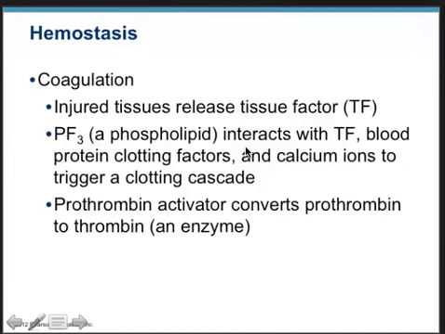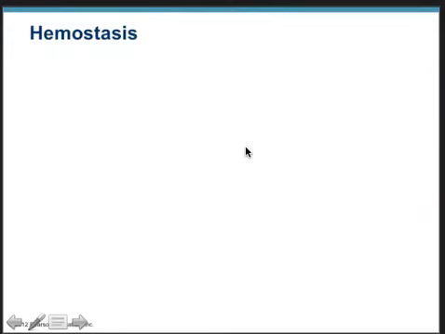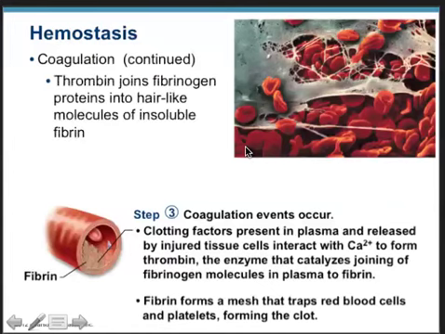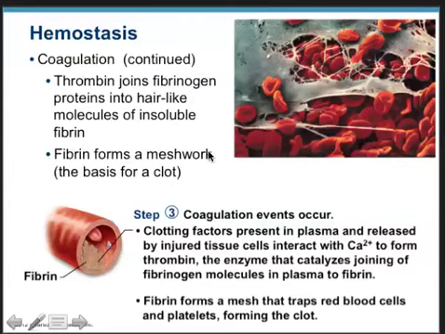Prothrombin activator will convert the prothrombin to thrombin, which is an enzyme, and eventually this will result in the production of a fibrin clot. And so here you can see coagulation in the inset. Essentially, the thrombin acts on the fibrinogen to produce fibrin. The fibrin will then trap red and white blood cells and form an insoluble plug, and this is what we know as a blood clot.